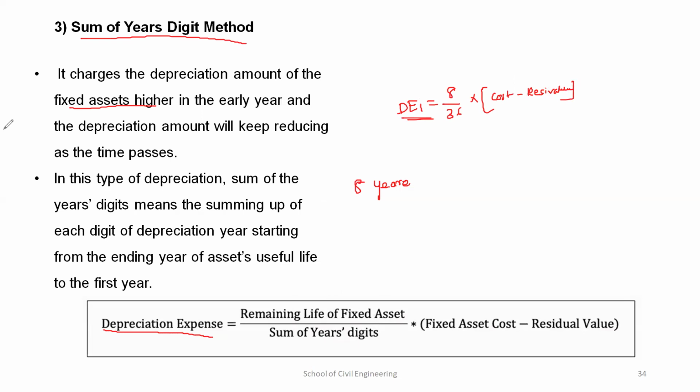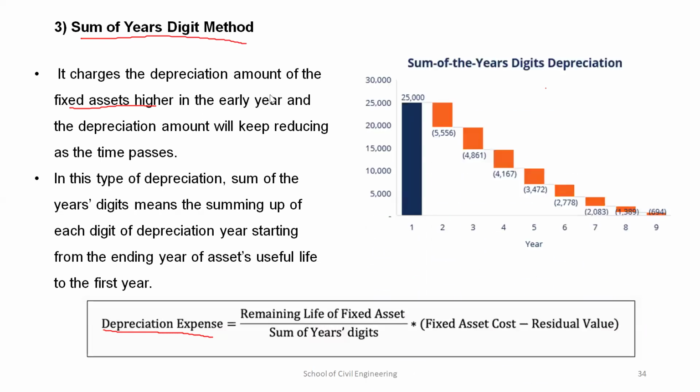Okay, so here I will give one simple example. See, in sum of year digits, the value of this asset is initially 25,000 for the first year. What is happening here? The amount is getting reduced, right? This is the depreciation amount. How will this be calculated?